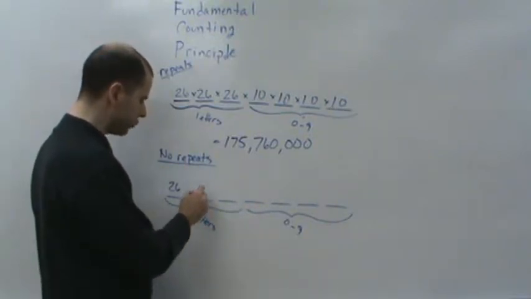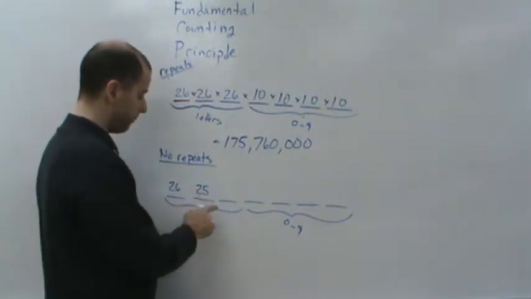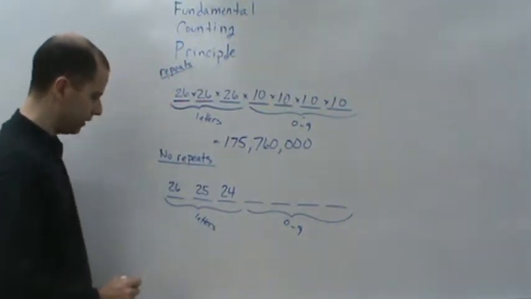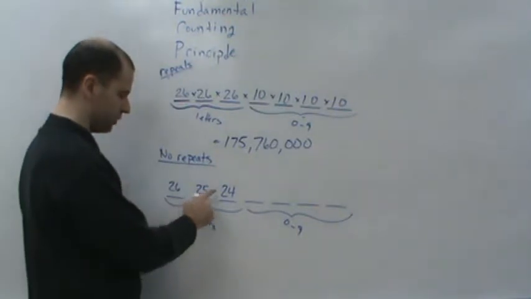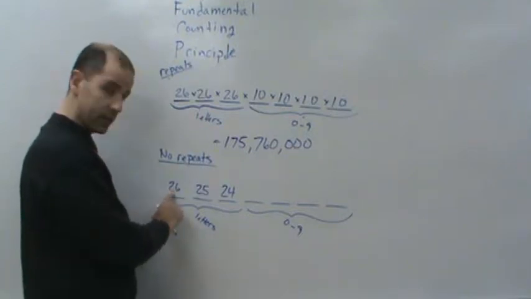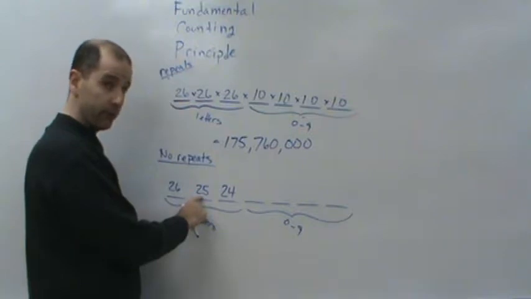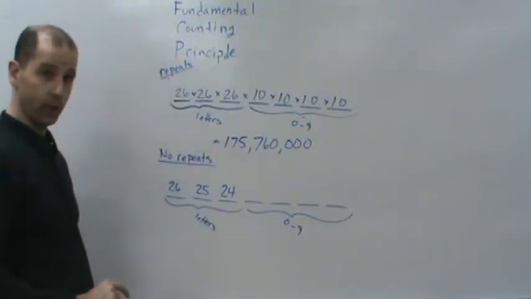That means I only have 25 for the second one, and then for the last one, I only have 24, right? As I'm choosing, it's reducing the number of available letters to me. So I had 26 available for my first choice, then only 25 for my second choice, and so on, okay?